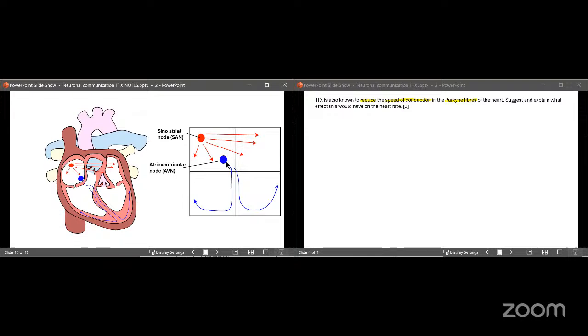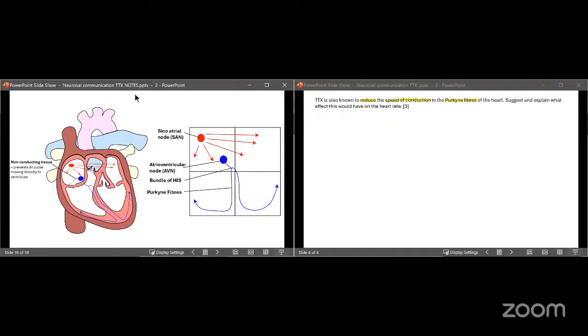That is going to respond to the impulse that's come to the end of the sinoatrial node, then being passed on to the atrioventricular node, then goes down the bundle of His, down the Purkinje fibers, and there is a non-conducting tissue in between the atria and the ventricles, therefore delaying the impulse from going from the contraction of the atria to the ventricle, because you want a slight delay.